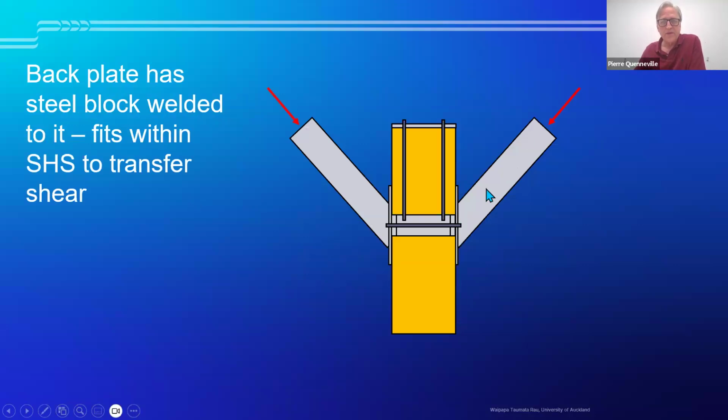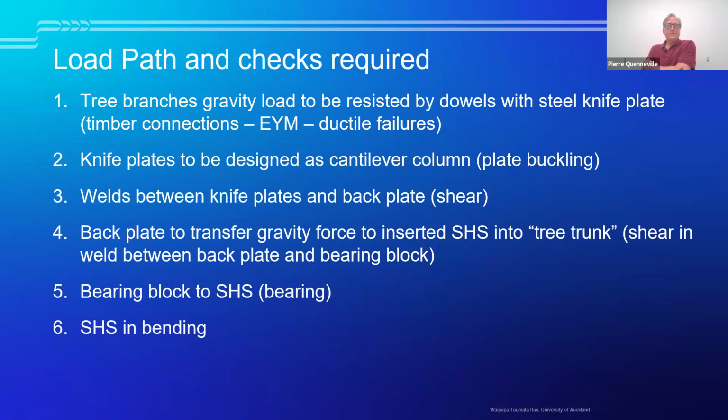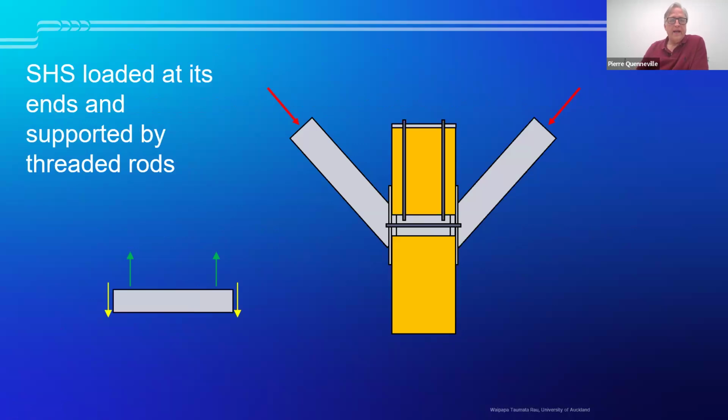So that goes at an angle with the branches, vertical component transferred through the bearing block, and then the SHS is working as a beam. We have the SHS in bending, the bearing block pushing down, and threaded rod connecting the inside of the SHS to the steel plate at the top.